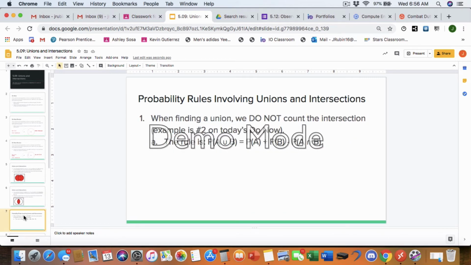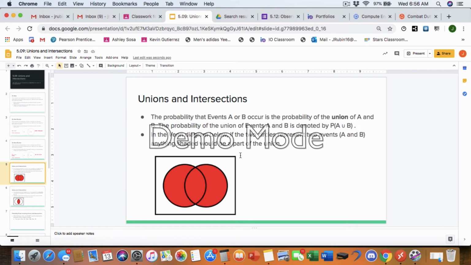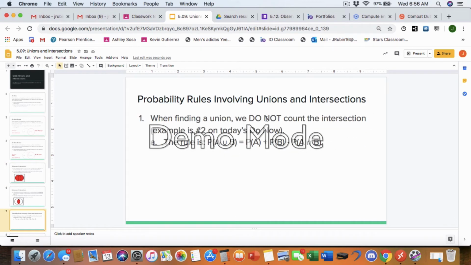So now let's talk probability rules. When we're finding a union, we do not count the intersection, which is what we did in the do now.